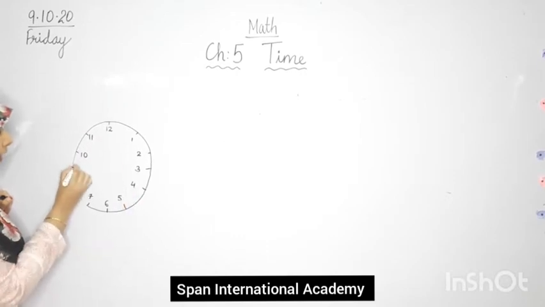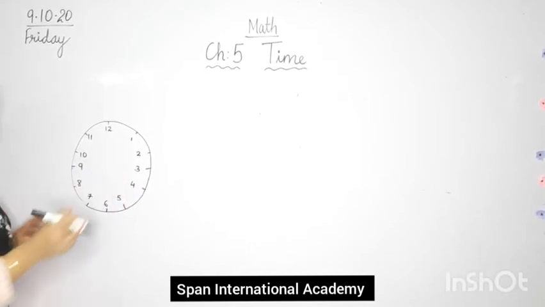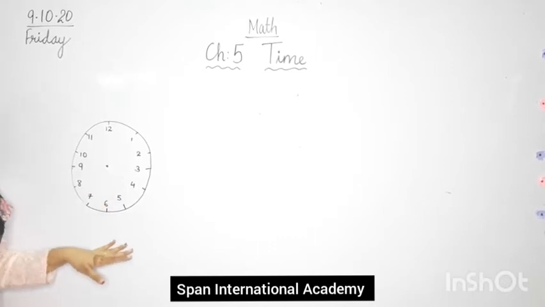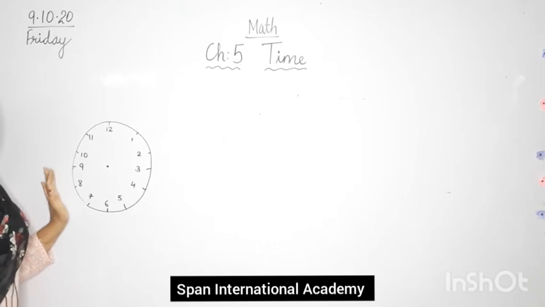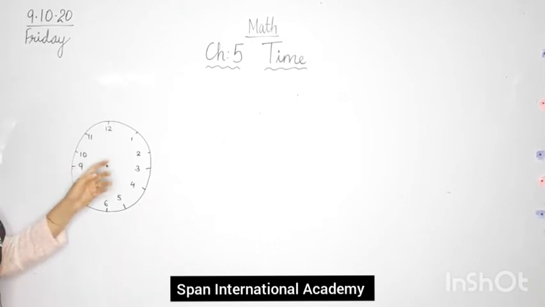Okay, 3 and 9 have to be in the same line, and 12 and 6 have to be in the same line. So this is a clock. Now please excuse my drawing that is made on the board. It doesn't look like a perfect circle but manageable.